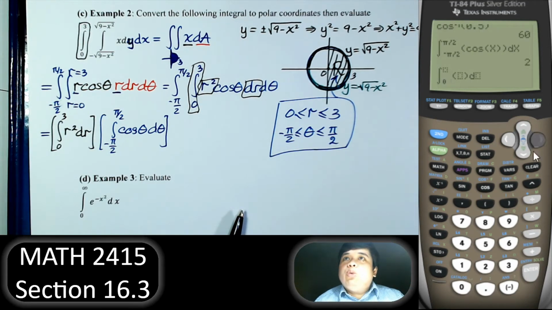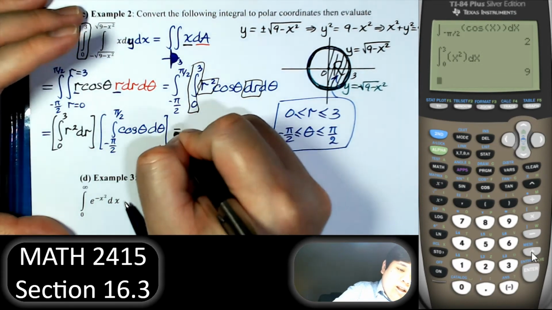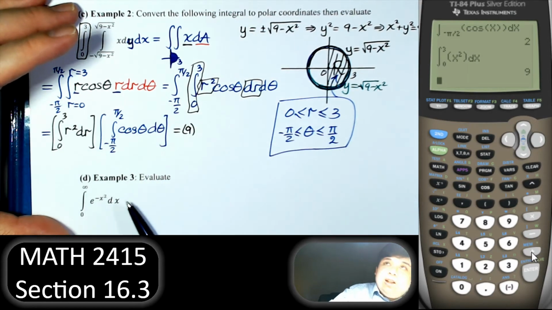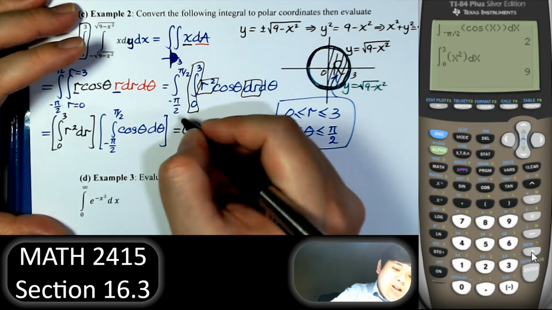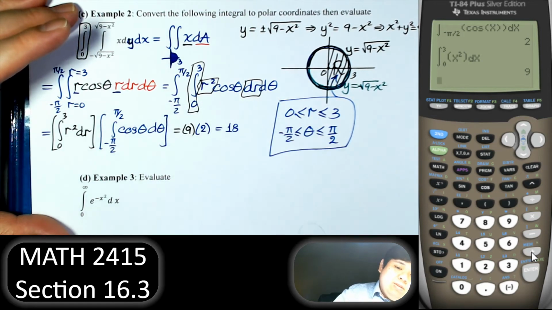That goes from 0 to 3 of r squared. So it's 9. So this is pretty much 9 times 2. So it's 18.